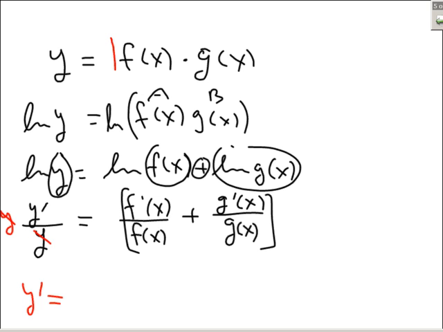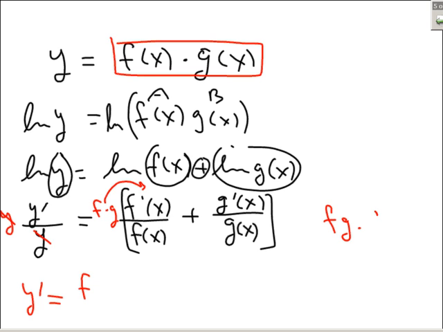The other side I'm going to multiply by y. But by the very top equation, fg is just another way of writing y: f of x times g of x. When I distribute to the first, the f's cancel. When you have fg times f prime over f, the f's cancel, and you get g times f prime, or f prime times g.